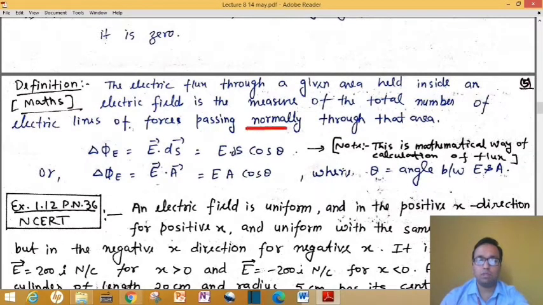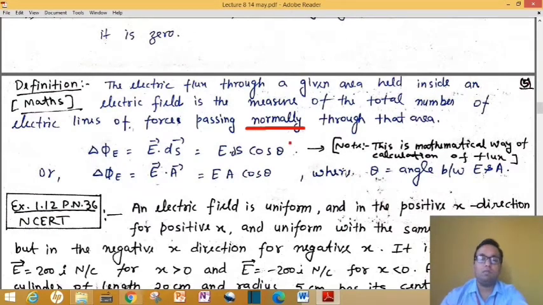This word normally is important. You will be given some area, and we measure how many electric field lines are passing through that area. In simple language, we just have to calculate how many lines are passing through this area. We have to count those lines. That counting of lines is basically flux.